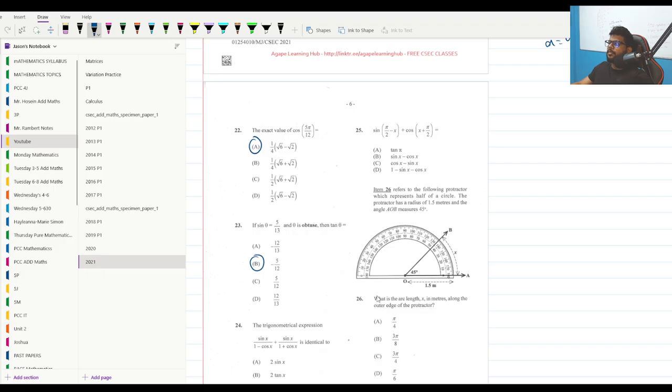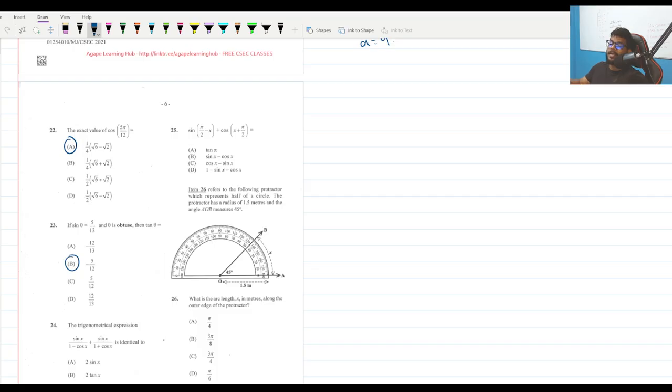Nice question. Sine of pi on 2 minus x plus cosine of x plus pi on 2 is equal to... okay, trial and error. This one we had to use the compound angle formula and expand. Sine of a minus b is sine a cosine b minus cosine a sine b. And plus cosine of x plus pi on 2, which is cosine a cosine b minus sine a sine b.